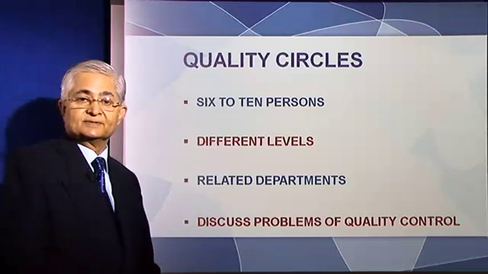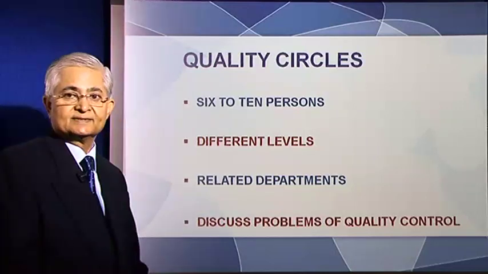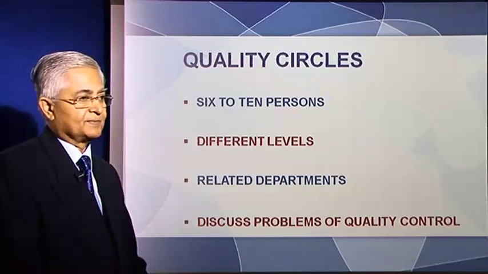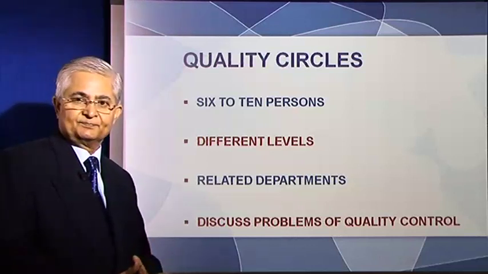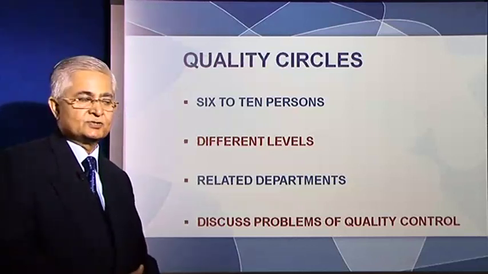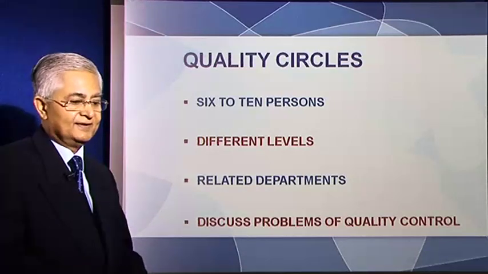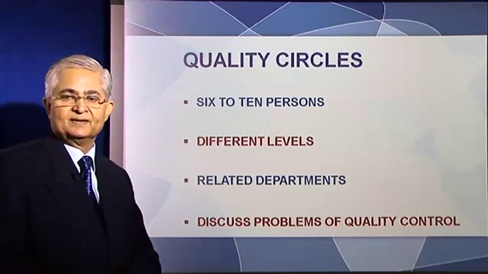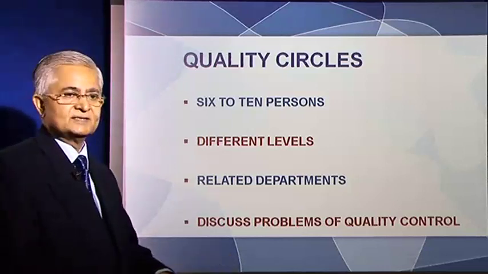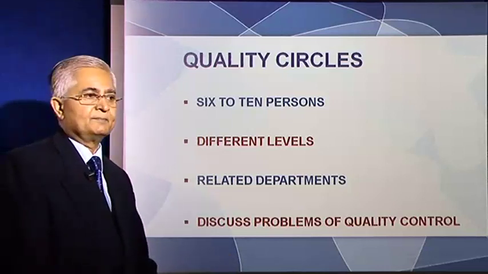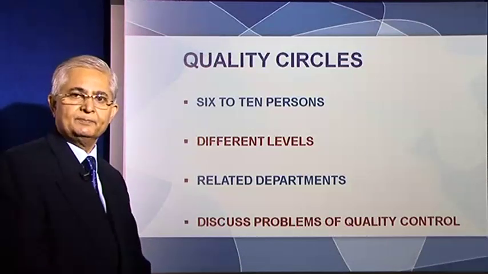For instance, sometimes it occurs to people that the quality process relates not merely to the final inspection, but equally to the raw material inspection, which is done by an entirely different set of people.